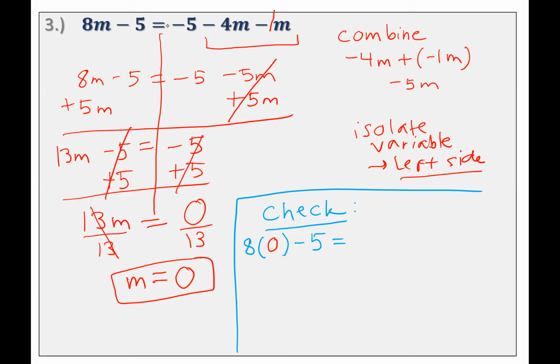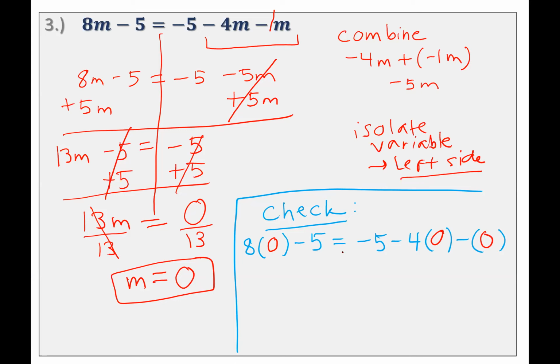And then on the other side, negative 5 minus 4m minus m. Okay, so each of those m's, I'm writing parentheses and leaving a little space, and inside those parentheses, I'm replacing the m with 0. Okay, so here's what we have. 8 times 0 minus 5 equals negative 5 minus 4 times 0 minus 0.